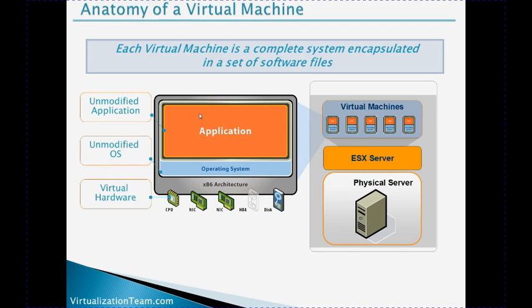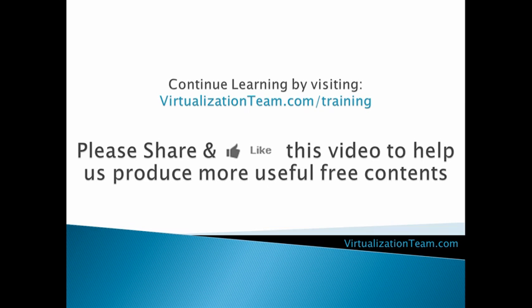I don't have to change anything. It's installed exactly as you would install it in a physical box. On top of that, I installed the application exactly the same way. So you don't have to change the way you install your operating system or application, or do any special customization to get it running in a virtual world. You just install them the exact same way that you always did in the physical world.